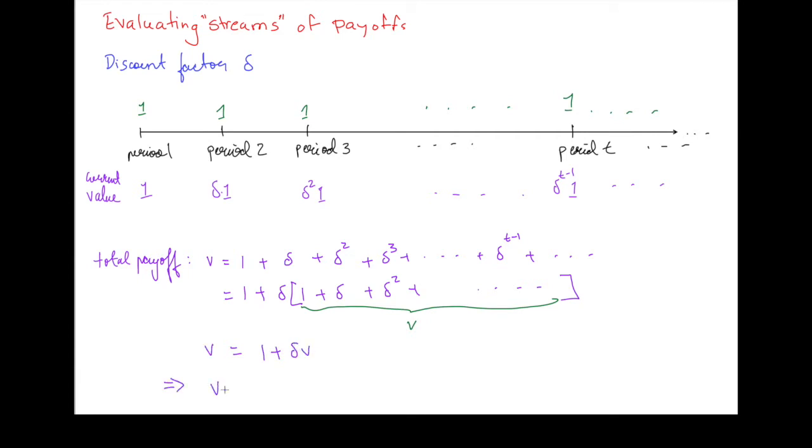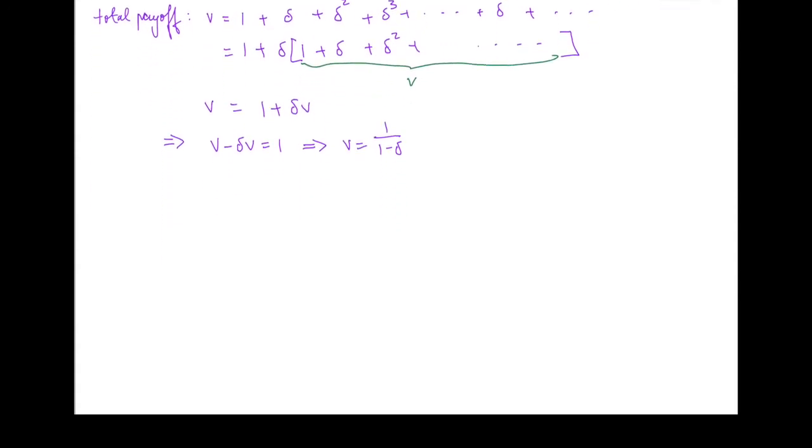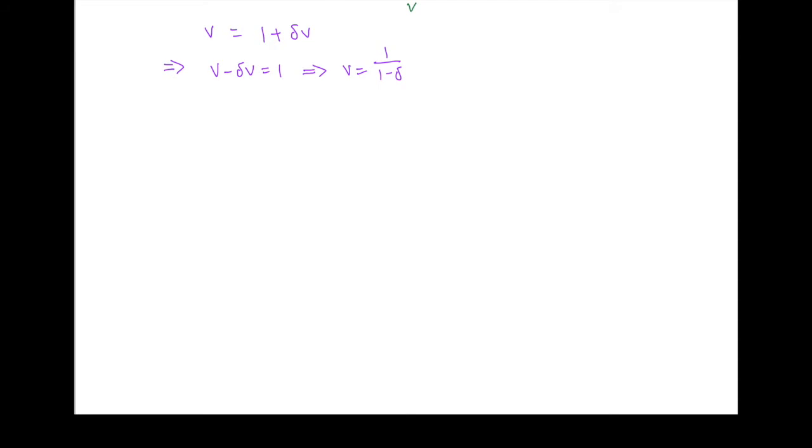That means v minus delta v equals 1, which in turn implies that v equals 1 over 1 minus delta. So when you get a payoff of 1 in every single period, your total payoff is going to be 1 over 1 minus delta. In general, if you get a payoff of a in every period, that's going to be worth a over 1 minus delta from the perspective of period 1. Okay, so that's how we are going to evaluate these streams of payoffs.